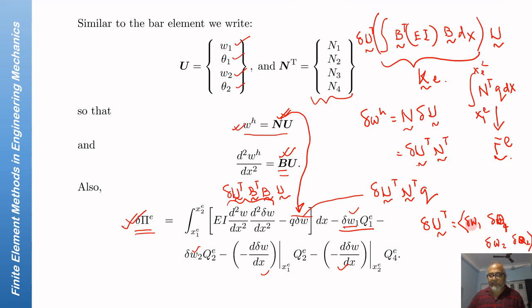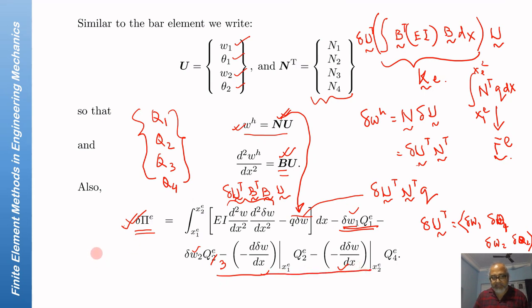We can write it like this, del U transpose. And then I have Q1, Q2, this should be Q3, I'm sorry, this should be Q3 and Q4. So what you have in these boundary terms is basically del U transpose times Q1, Q2, Q3, Q4.